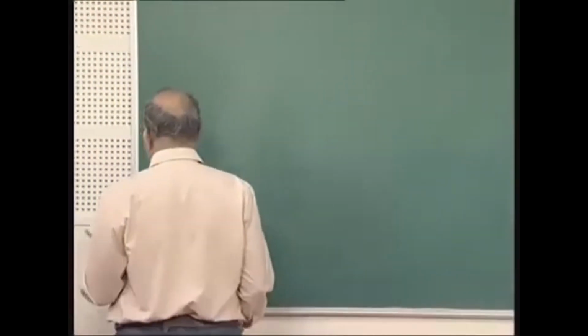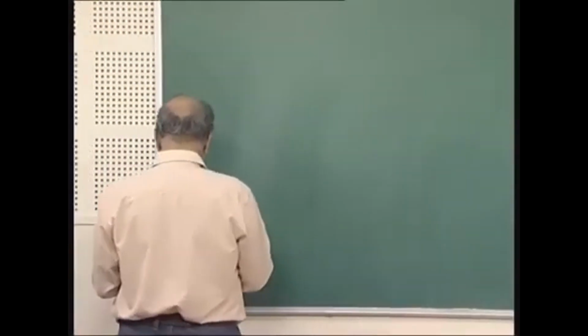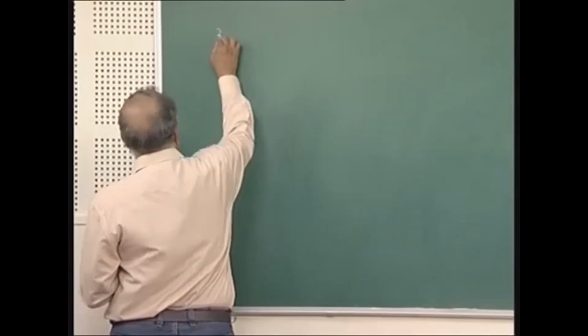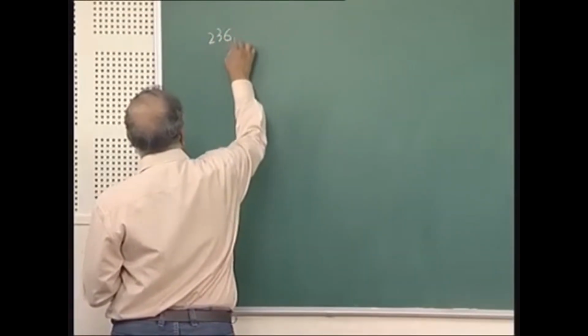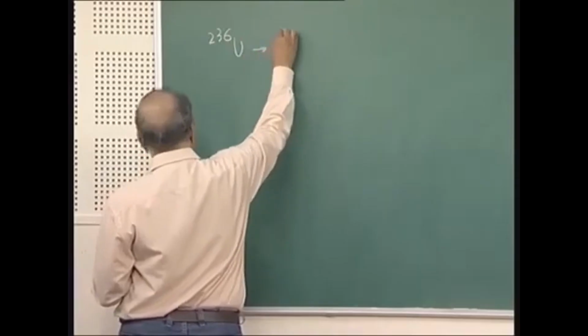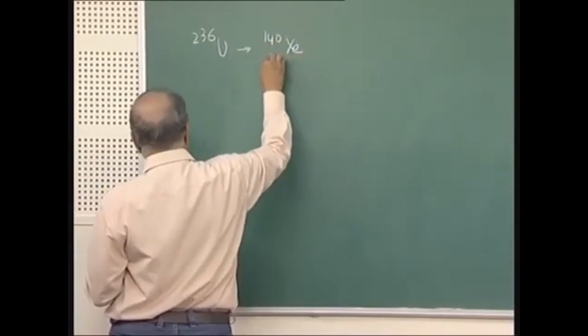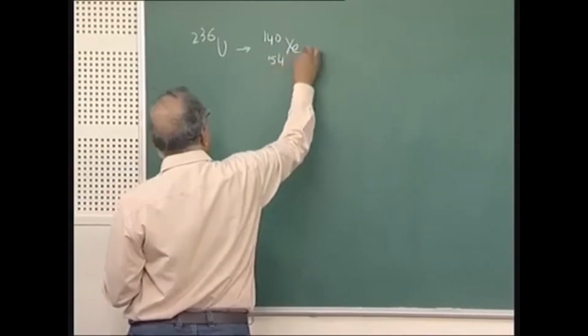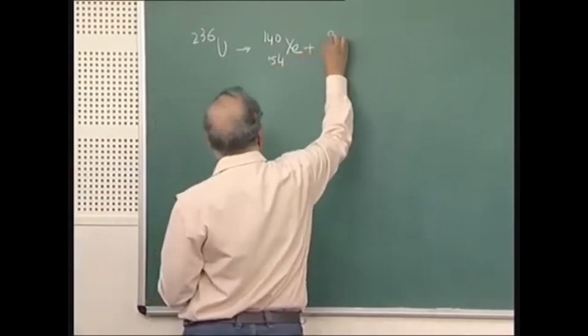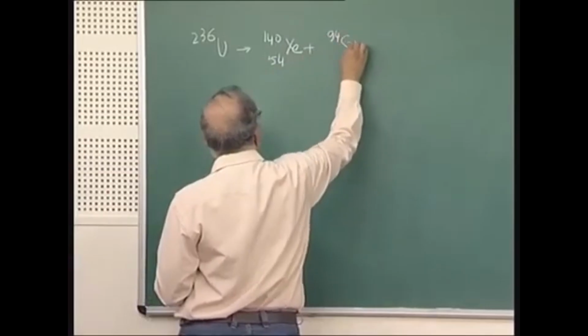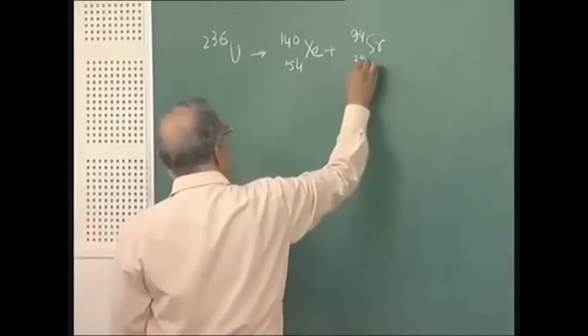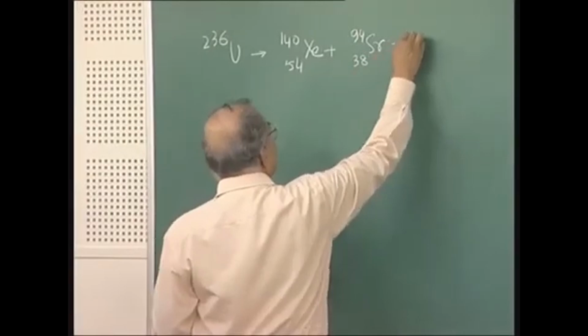So, you remember some of the equations that I had written, one of them was 236 uranium going to, let us say, 140 xenon, which is 54, plus strontium 94, that is 38, plus 2 neutrons.